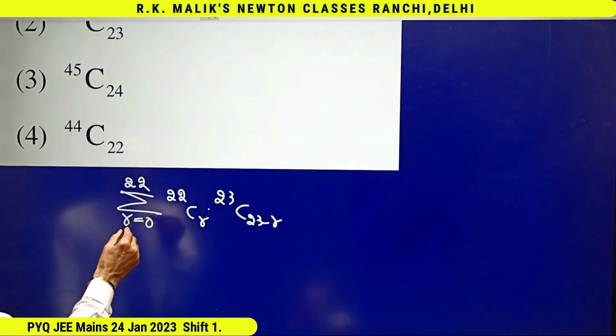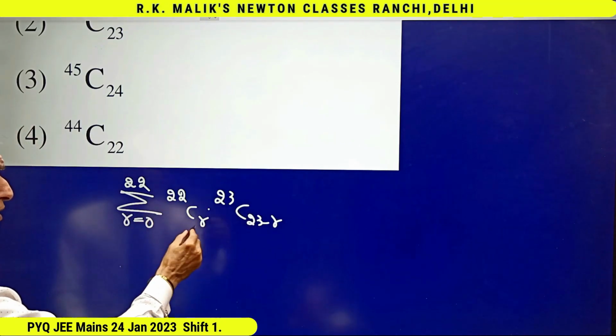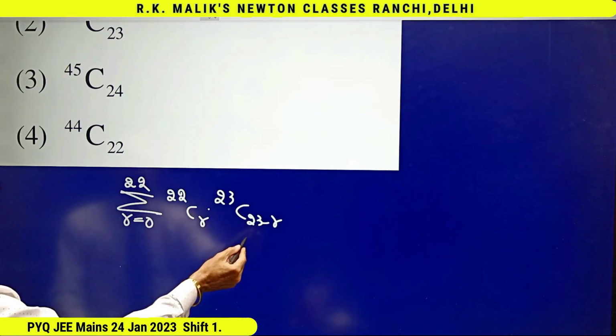note that as R is varying, these two numbers will vary, but the sum will remain constant.